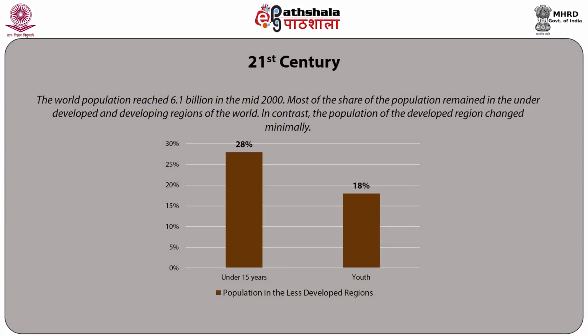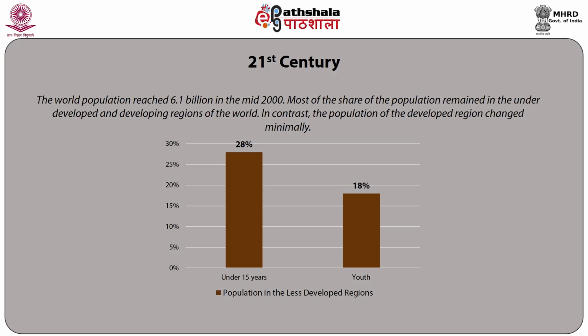Specifically, when we look at the 21st century, the world population reached 6.1 billion in the mid-2000s. Most of the share of the population remained in the underdeveloped and developing regions of the world. In contrast, the population of the developed region changed minimally.